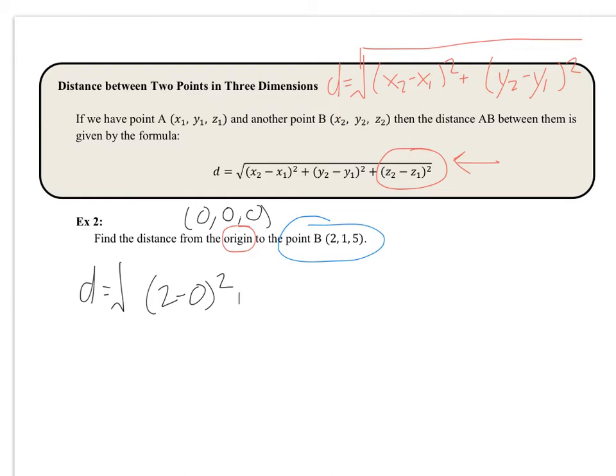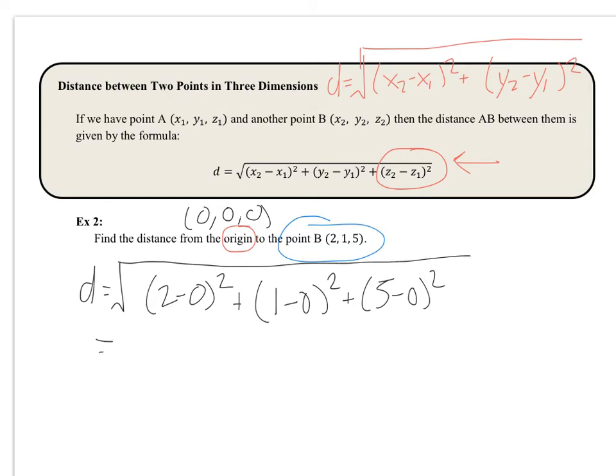Now we add the difference in y's, which in this case is 1 minus 0 squared. And then we add the difference in z's, 5 minus 0 squared. And we take the square root of all of that.